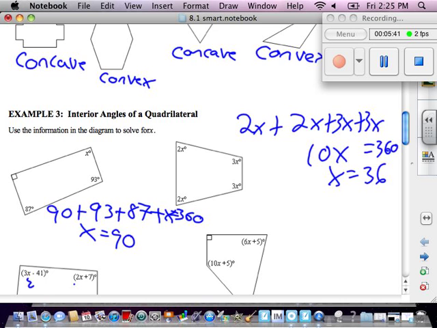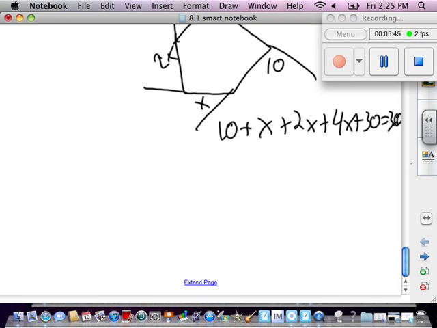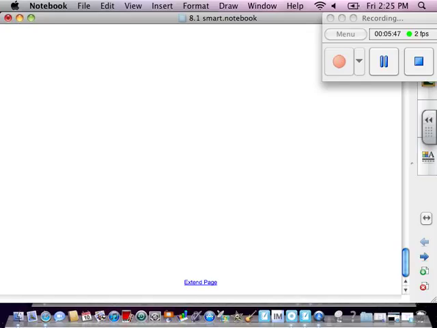All right, last two problems. So, how big is each angle of a pentagon, and how would you figure it out?